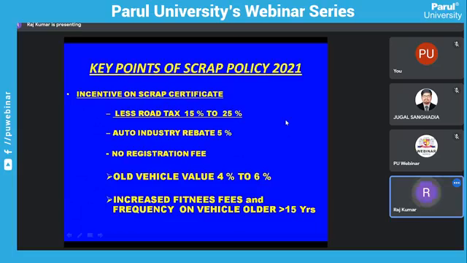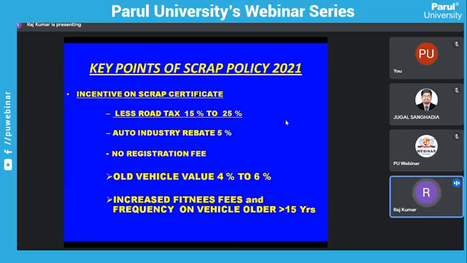There are some key points of the scrap policy, which is in effect from March 21. Some incentives of the scrap policy: if you sell an old vehicle and obtain a scrap certificate, then if you purchase a new vehicle in lieu of the old vehicle, you have to pay 15 to 25% less road tax.